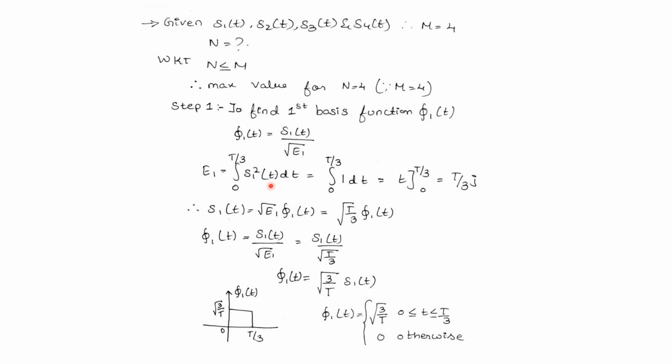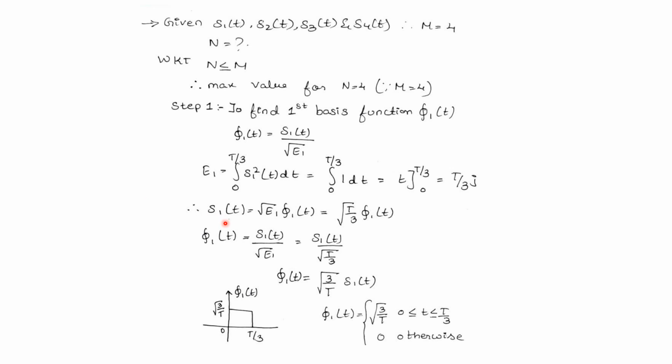In my question, the interval of s1 of t is from 0 to T by 3, and the amplitude is 1. By integrating this signal, I am getting T by 3 joules, which is the value for E1.